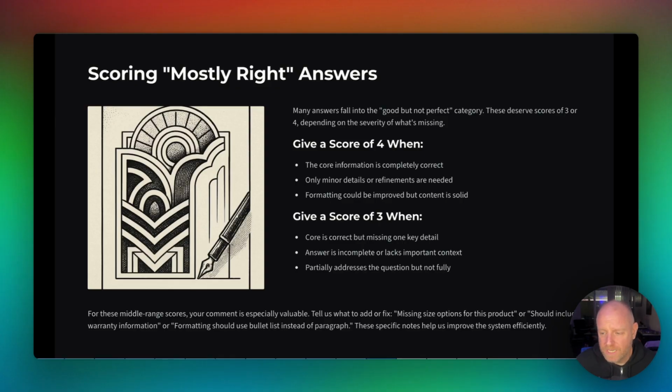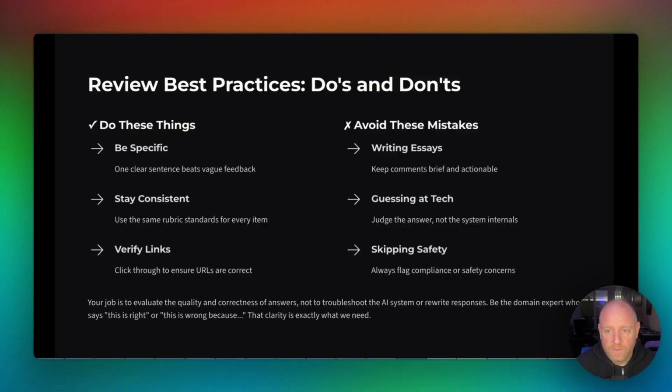Then give it a 3 when the core is correct, but it's missing one piece of detail. Maybe it's incomplete, or it lacks important context that you, as the domain expert, know and understand. And ones that just partially address the question but aren't considered full.